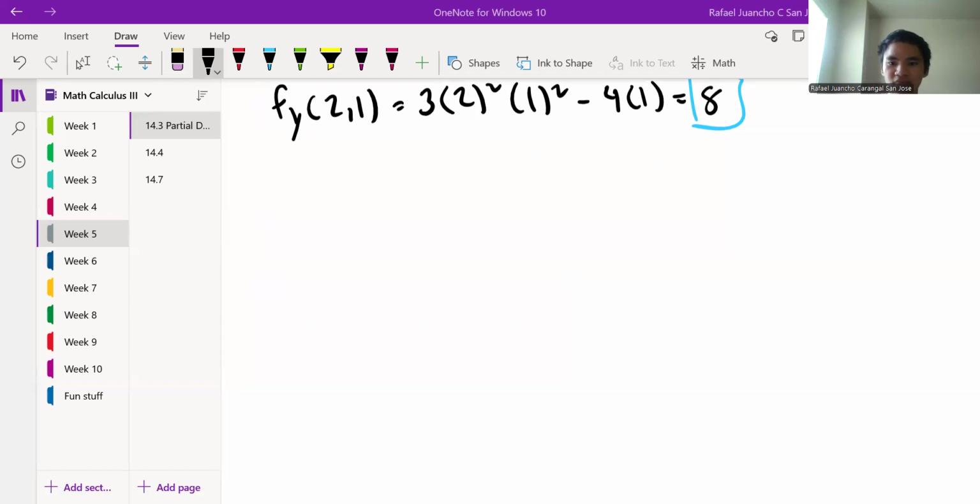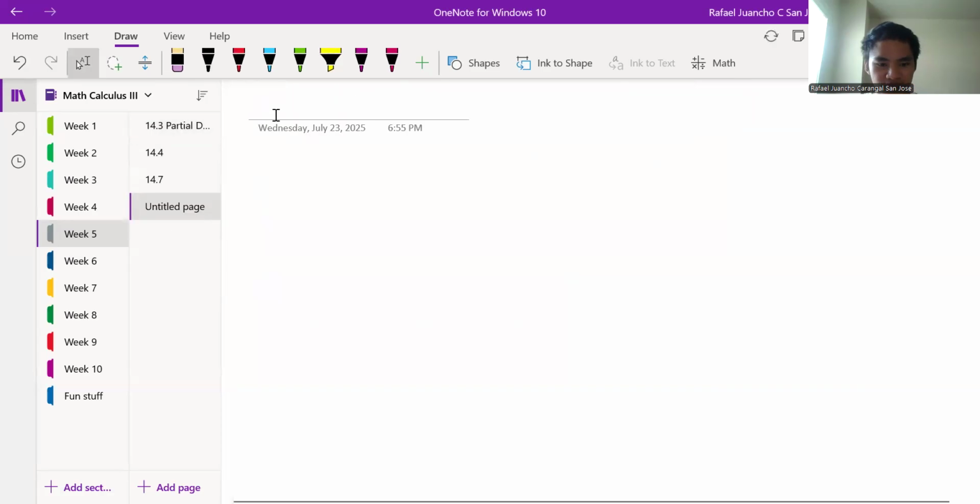So let me just attack some of the problems I have here in my homework. Can I do that? I don't know. Make a new page. Oh yeah, we have like 16 stuff here. Determining signs. Not really gonna go through that anymore. Oh, there we go. Okay, let me do some of these.